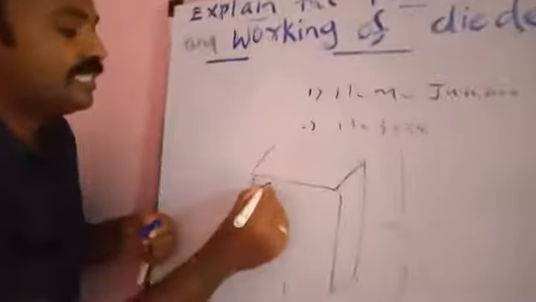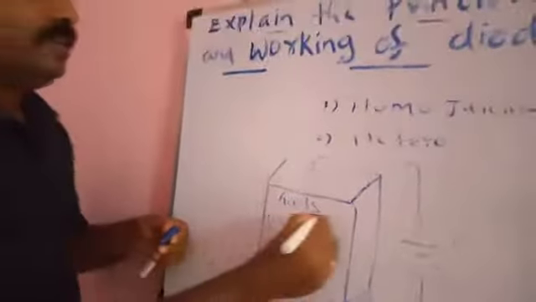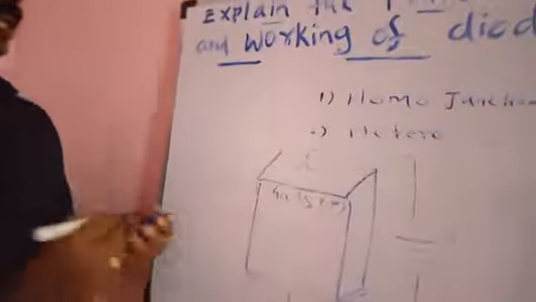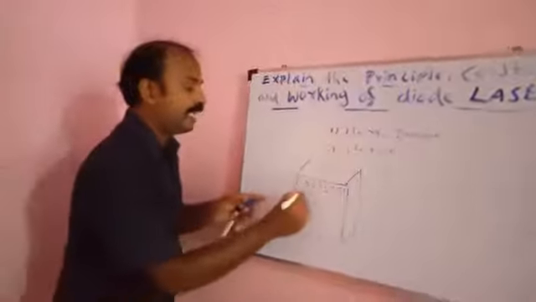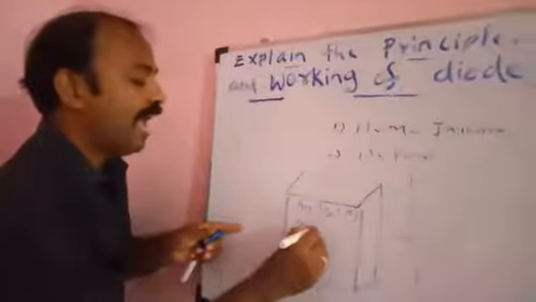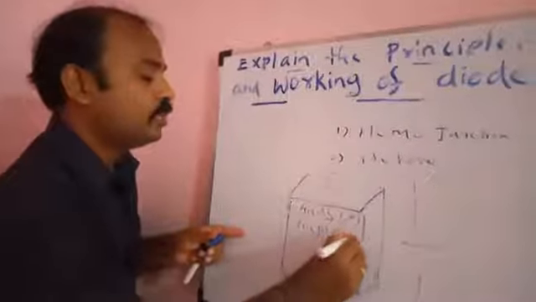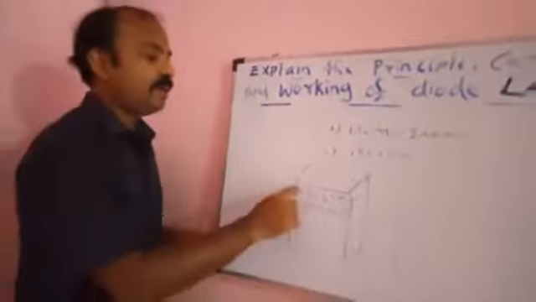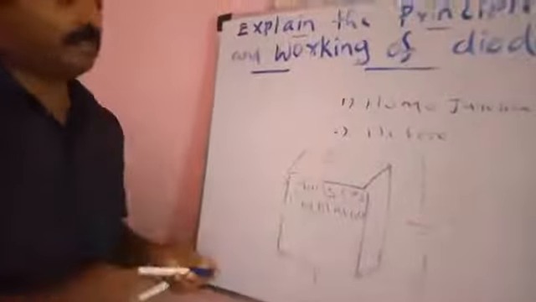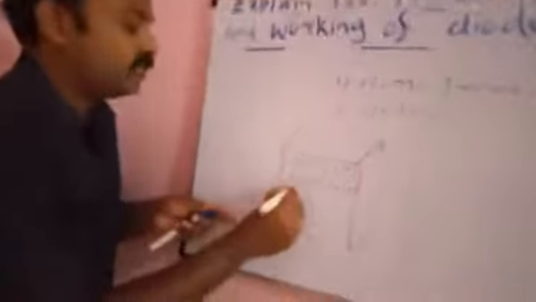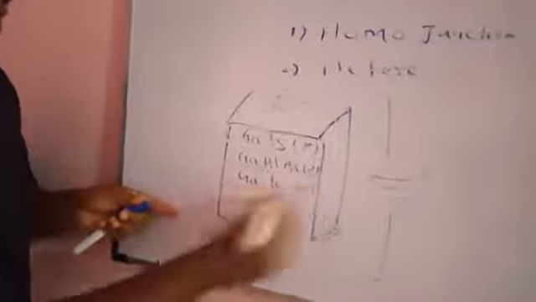The first one is gallium arsenide, GaAs, a p-type semiconductor. The second layer is gallium aluminium arsenide, also p-type. Then the third one is once again gallium arsenide, p-type.